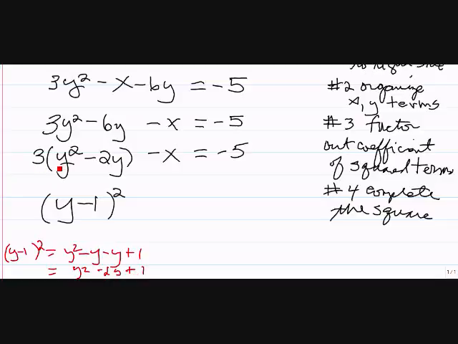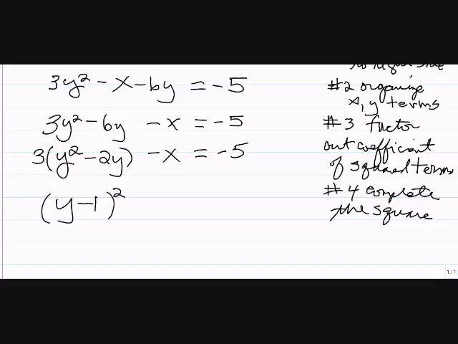I've got my y squared and my minus 2y, but I don't have my 1. This is completing the square, and we've done it before.